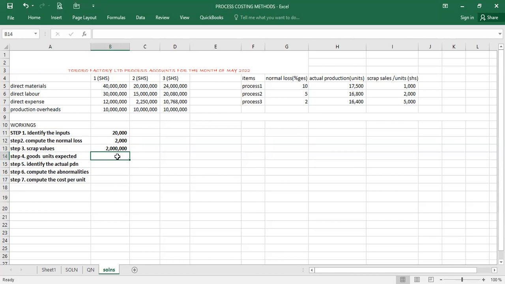So we come here and we determine the good units expected. The good units expected, we said we get them from the inputs less the normal losses. It will be equal sign the inputs minus the normal loss. So we get 18,000. When we remove 10% from the 20,000, we get 18,000.